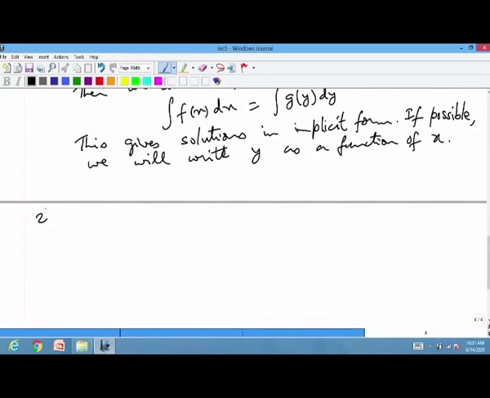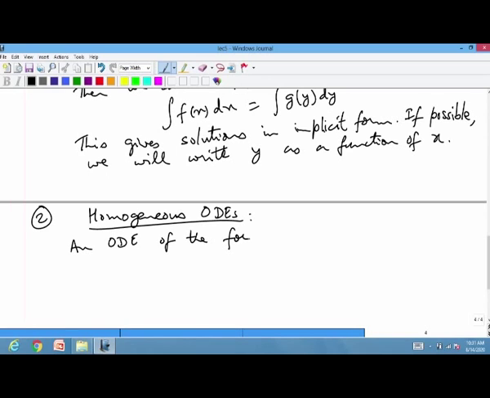Second method is what is called homogeneous. So, this is an ODE of the form dy dx equal to f of y by x.